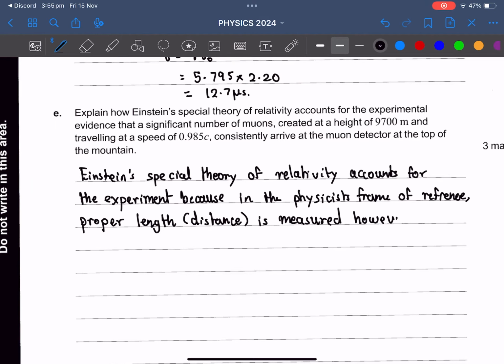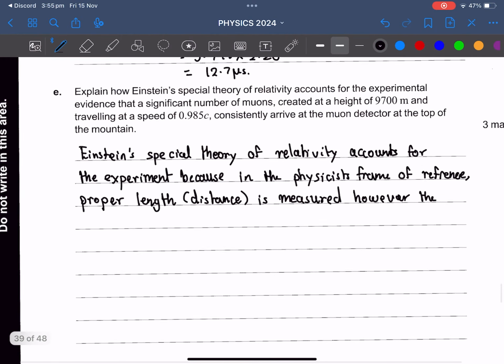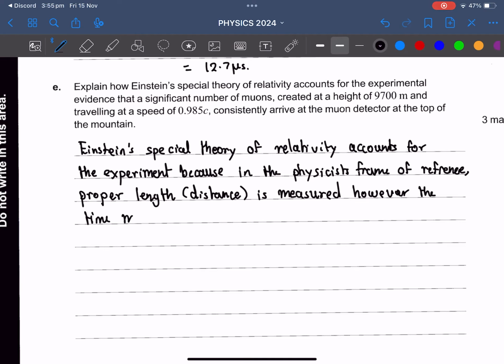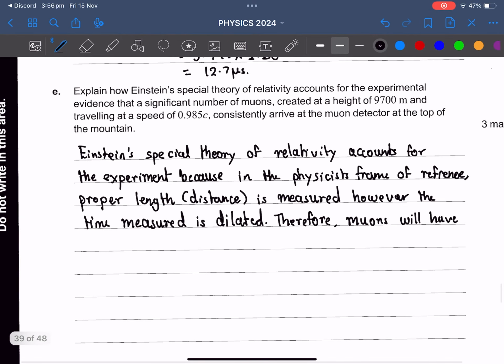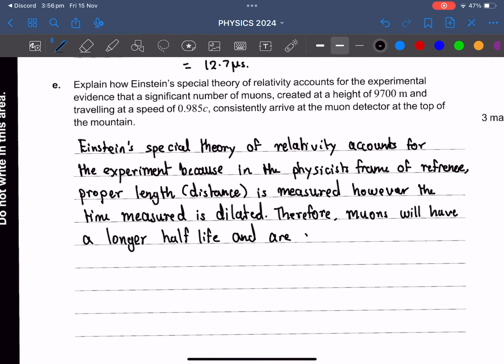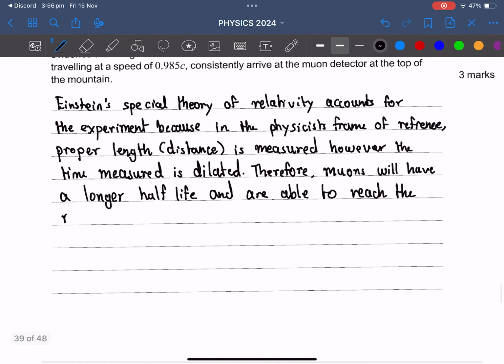However, the time measured is dilated. Therefore, muons will have a longer half-life and are able to reach the muon detector.